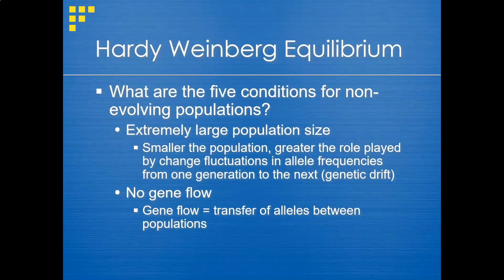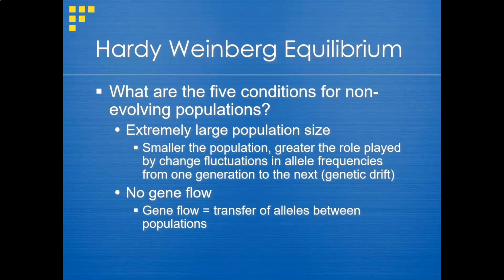AKA, what does it look like for a population if it's not evolving? And there are certain conditions that have to be in place for this to be true, for it to not actually end up evolving.